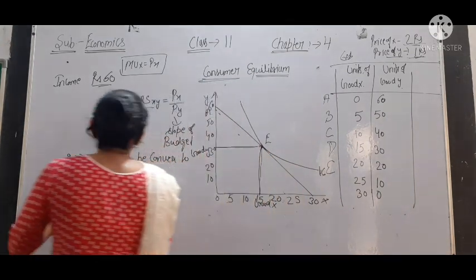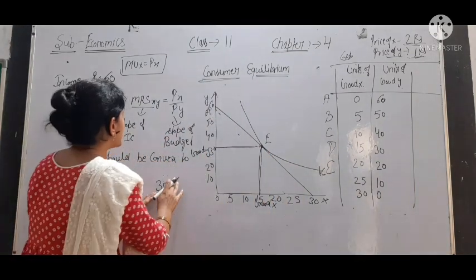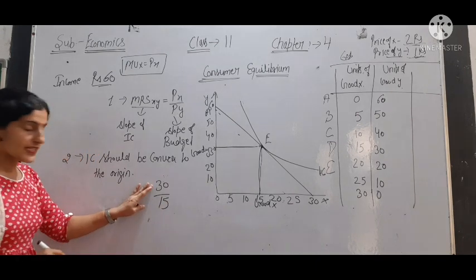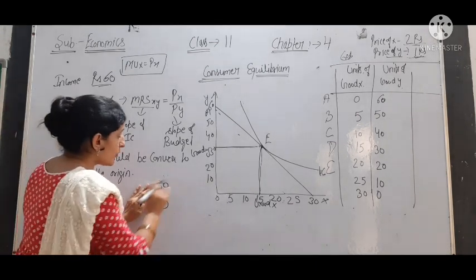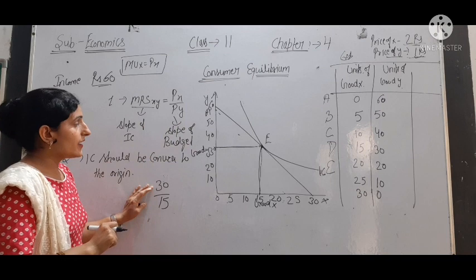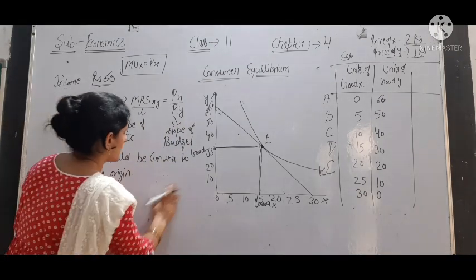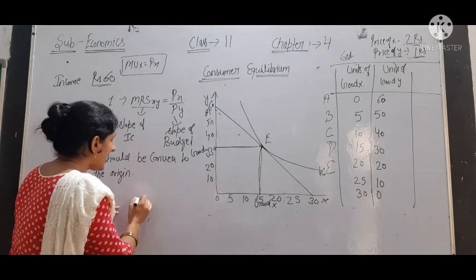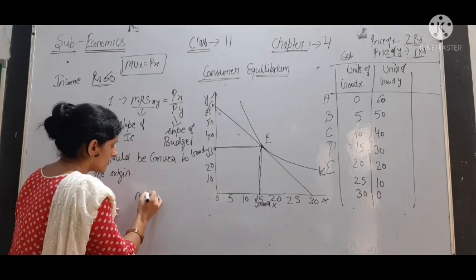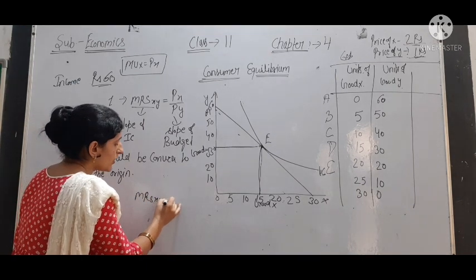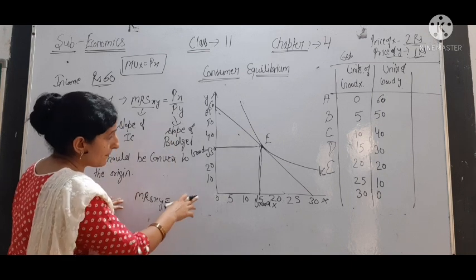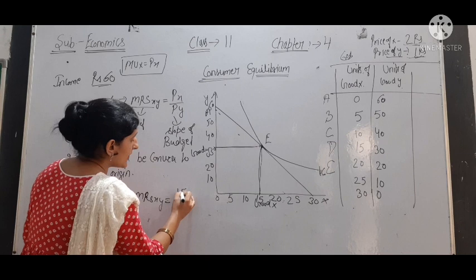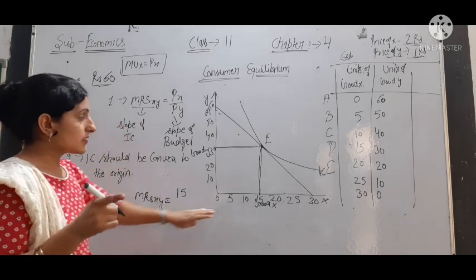So we can find out the slope. We can say that Px, Py. Here the consumer is spending 30 rupees on good Y. So MRS XY is equal to Px and Py. Price of good Y is 2 rupees.